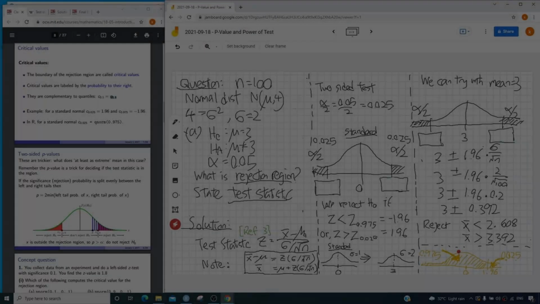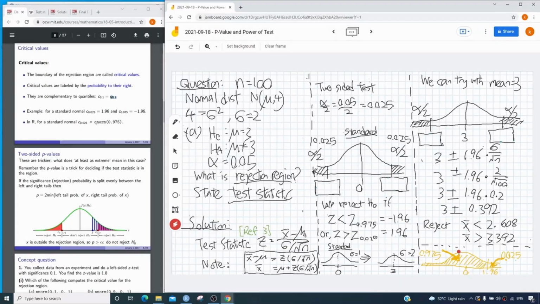Now let's look at part A. We need to get the rejection region. We need to state our test statistic, right? So let's look at the definition first. This is the slide of 18.05 in MIT OCW.